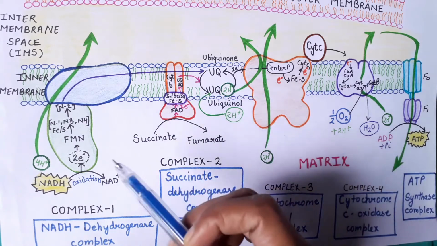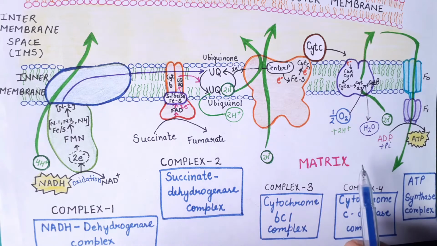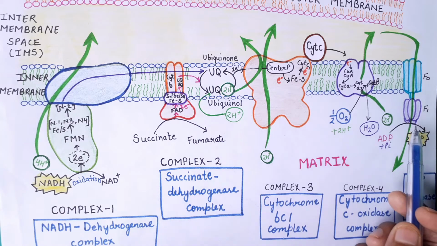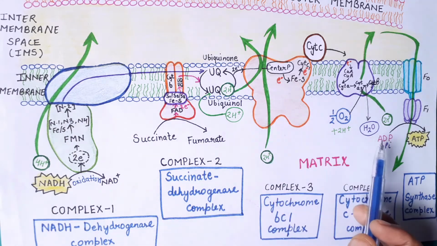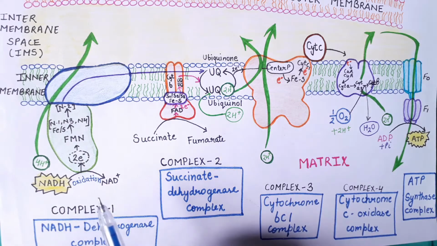After that, the protons from the intermembrane space are taken back into the matrix. That process is done by the ATP synthase complex, and during this process ATP is formed. Okay, so we can say that from NADH and from FADH2 there is formation of ATP in the electron transport chain. Okay, so firstly we will take up the NADH.